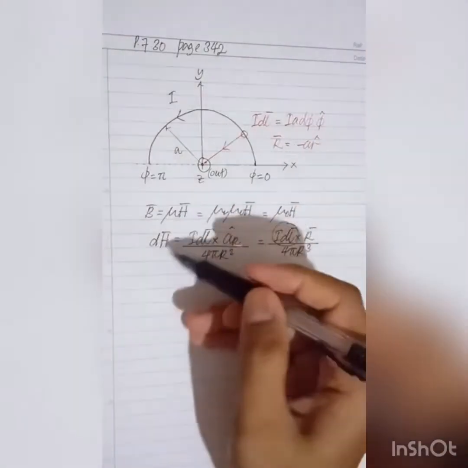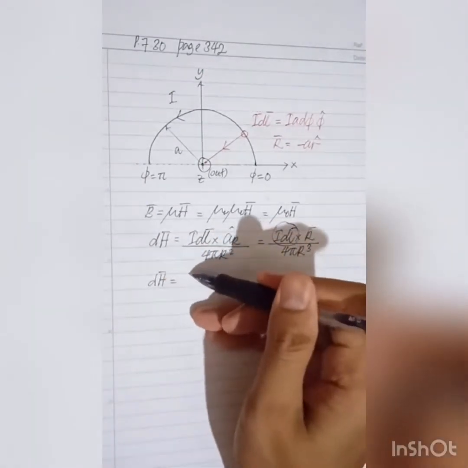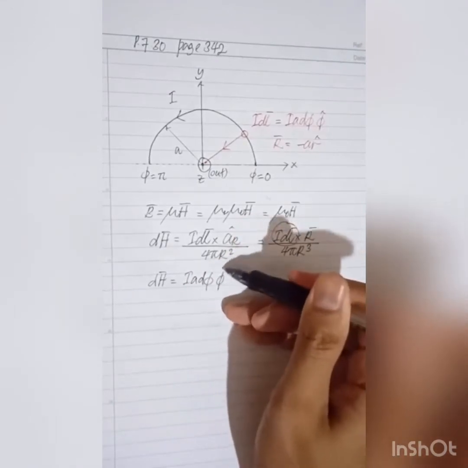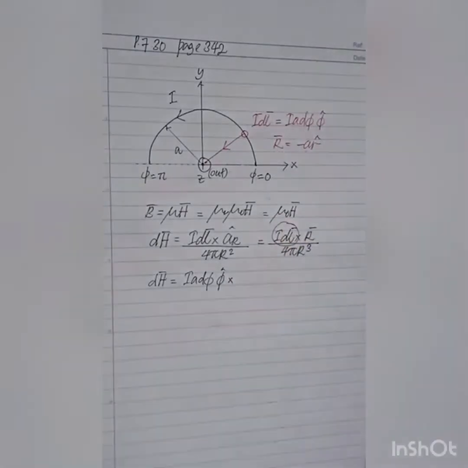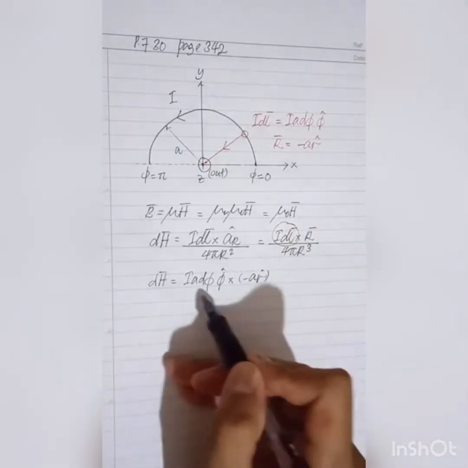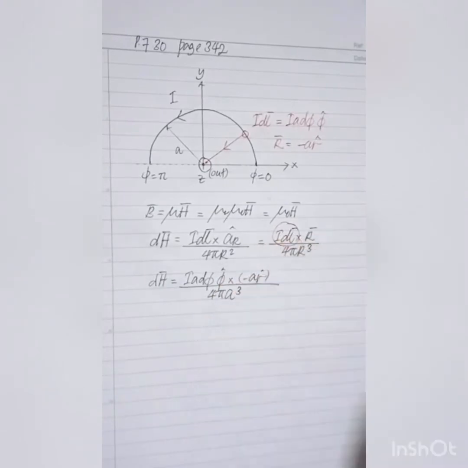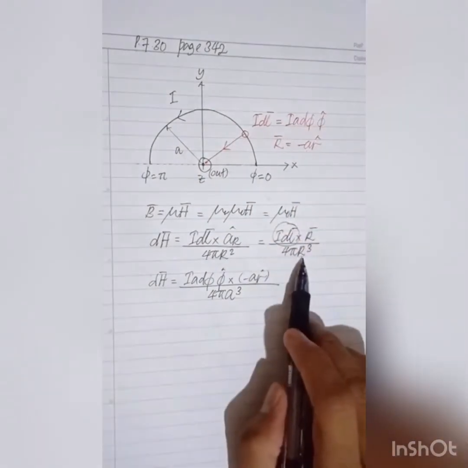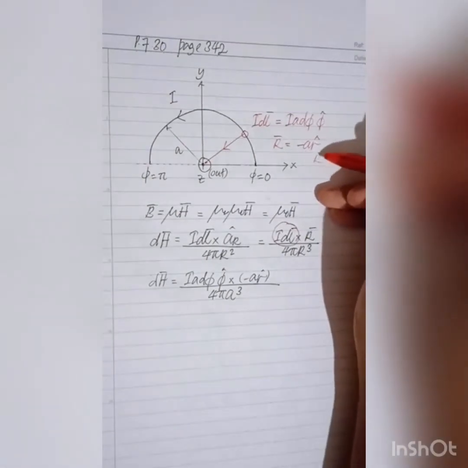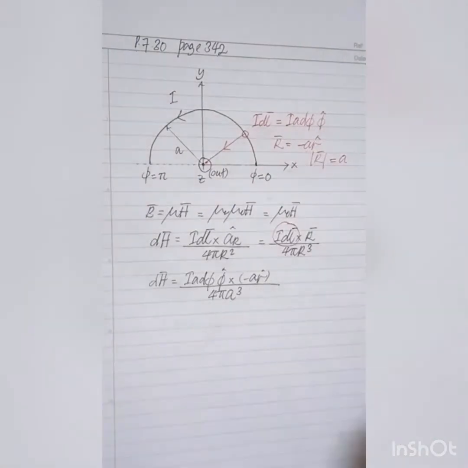Let's proceed to find the H. Now we have I a d phi in the phi direction, cross the R vector, negative a in the r component, over 4 pi a cubed, because this is the magnitude of the vector R. Since vector R is minus a, the magnitude should be a only, so now we have a cubed straight away.